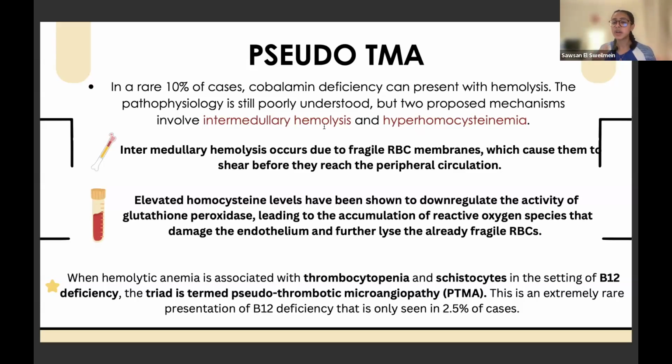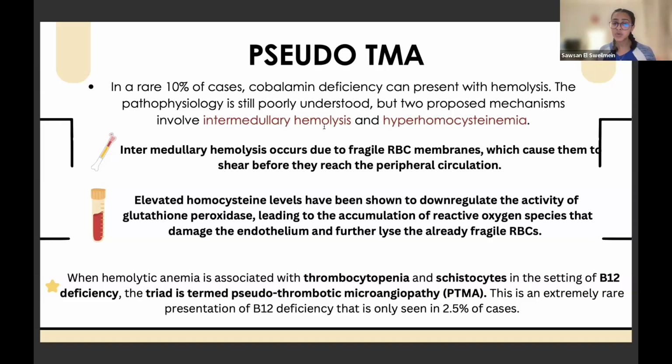So the hemolysis usually happens in the bone marrow before it reaches the peripheral circulation. And the other thing about the homocysteine levels, when we have elevated homocysteine levels, this downregulates the glutathione peroxidase. And this will lead to the accumulation of ROS, or reactive oxygen species. And these further damage the endothelium and lyse the fragile RBC membranes.